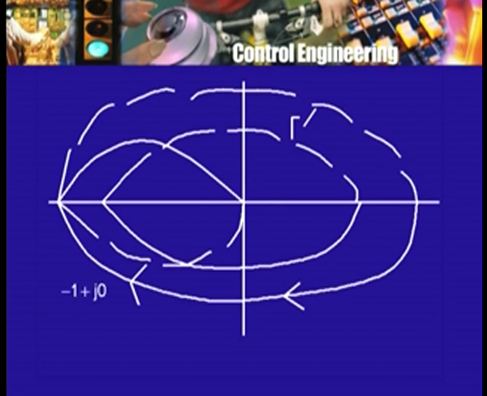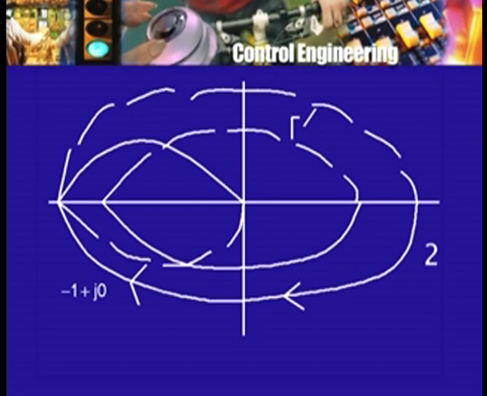Now, what is the number of encirclements of the point minus 1 plus j 0 by the image contour gamma prime? It is no longer 0, it is 2. By drawing a radius vector from this and by looking at the intersections also, you can see that the number of encirclements is going to be 2 in the same sense, therefore, it is going to be plus 2. Let me trace it again, going here like this, then going like this, and then coming back.